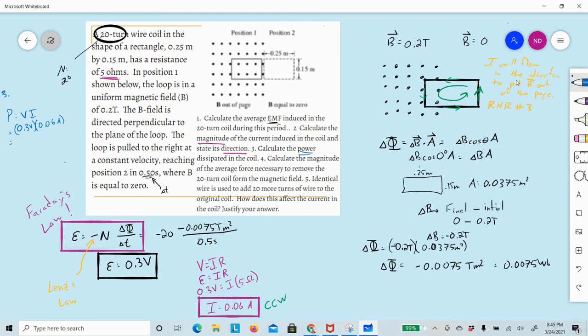So the power is 0.3 times 0.06, 0.018 watts. That's easy.